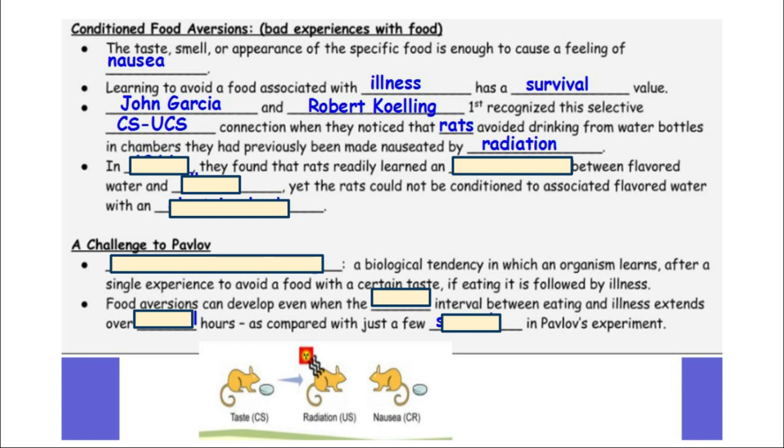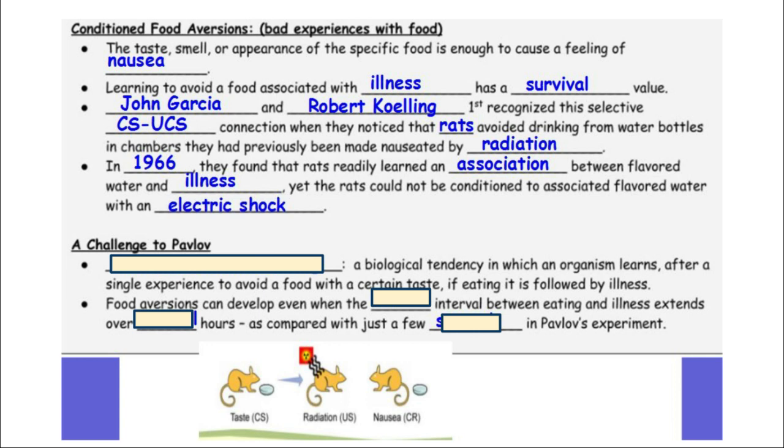His conditioned stimulus is our water. The radiation is your unconditioned stimulus, and the nausea is the conditioned response. So in 1966, they found that rats steadily learned an association between flavored water and illness, and yet the rats could not be conditioned to associate flavored water with an electric shock.